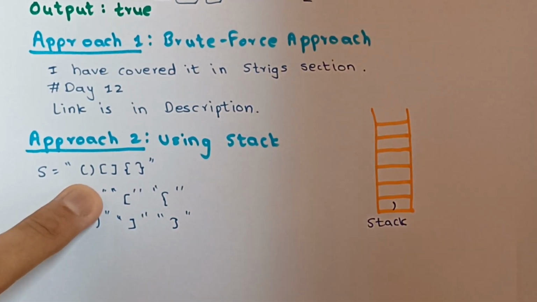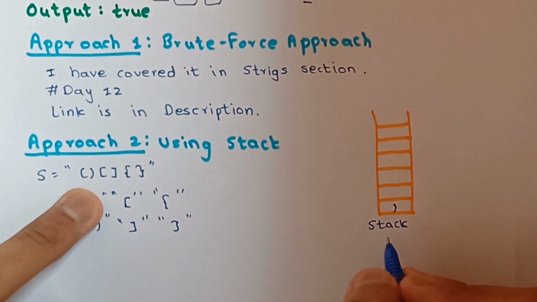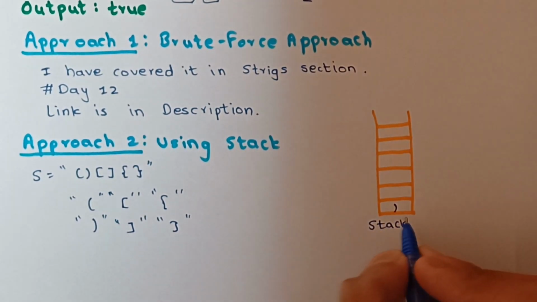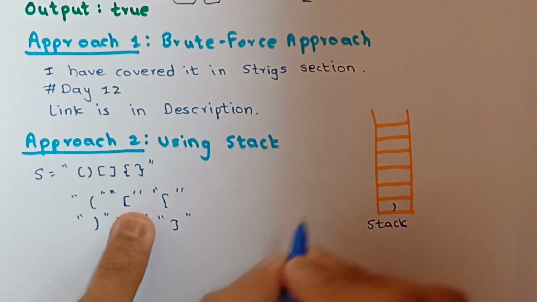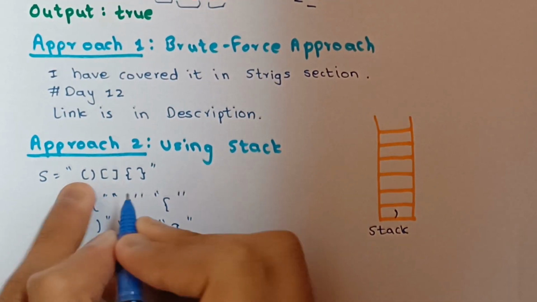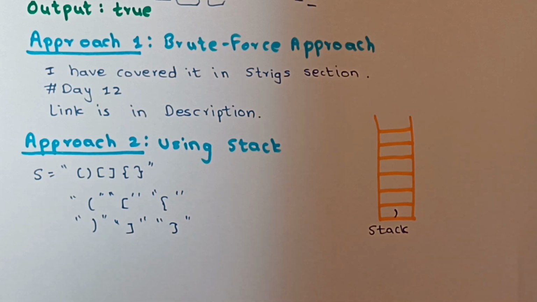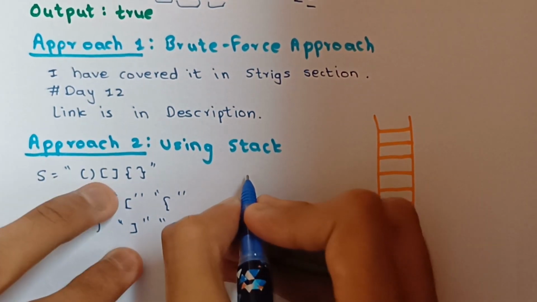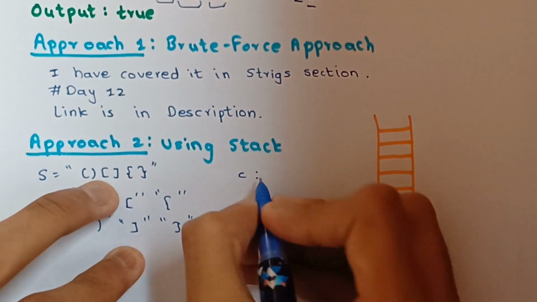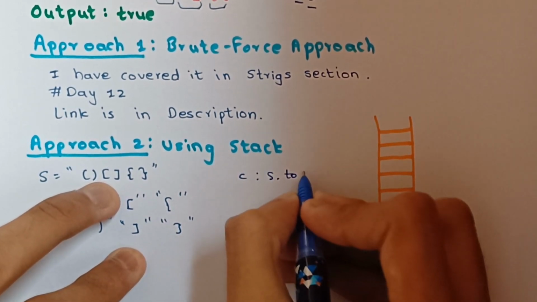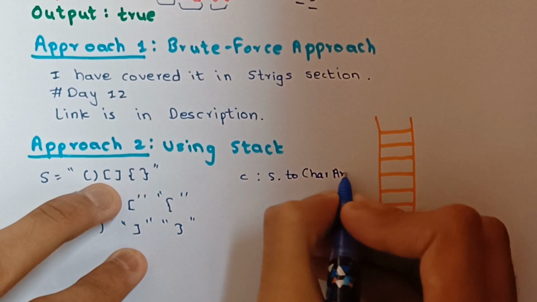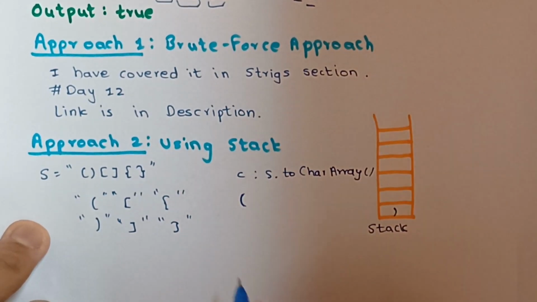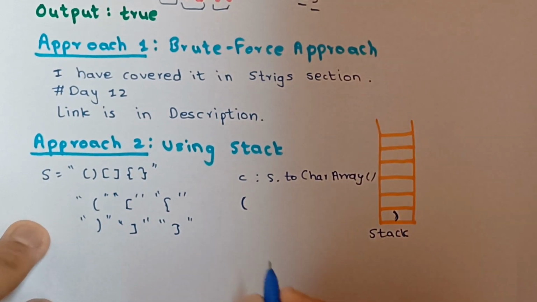Now we will check whether our stack is empty, or whether the popped element is equal. You will understand better in the code. First we will use a for-each loop, where c is a character in s.toCharArray. When we get an opening round bracket, we push the closing round bracket.